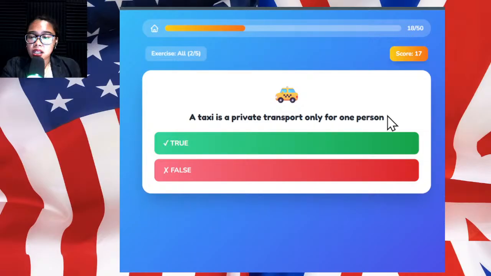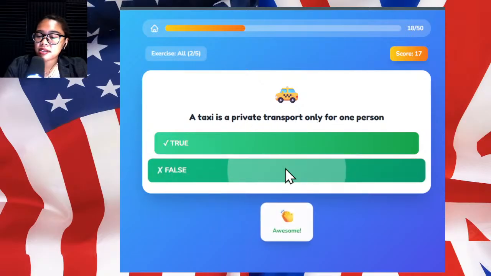So it does not wait for another customer, another rider who is a stranger to you. A taxi is a personal, convenient transportation vehicle, but it is still considered a public transportation vehicle. No, it's not private, and it's not only for one user. So this is a false statement.